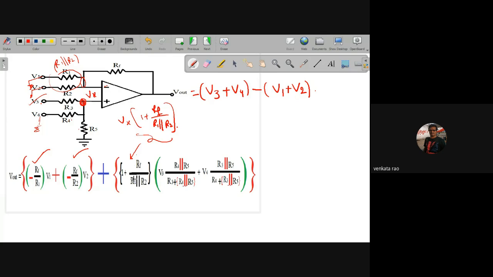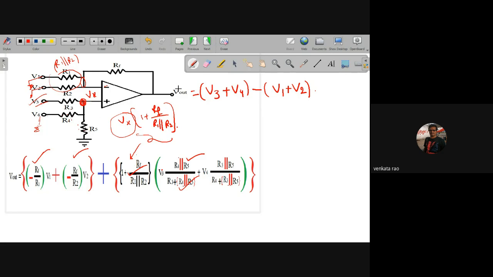Now we need to find the voltage Vx. These two are parallel, so Vx is V3 into R4 parallel with R5, by R3 plus R4 parallel with R5. So that is the output voltage with respect to V3.